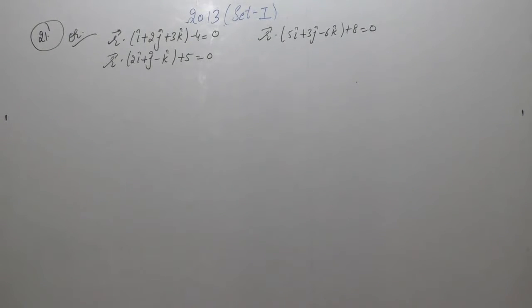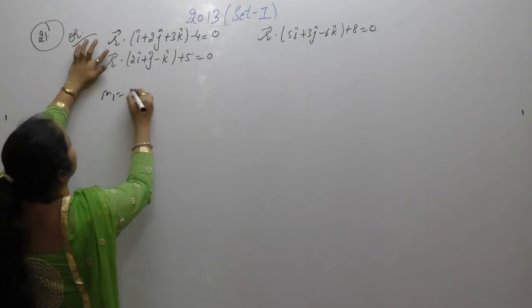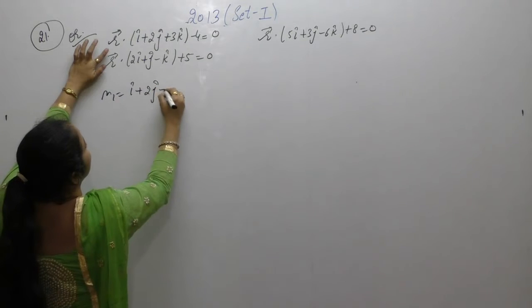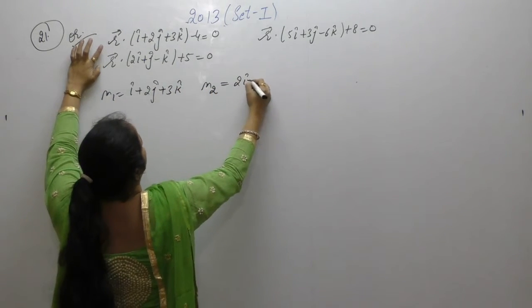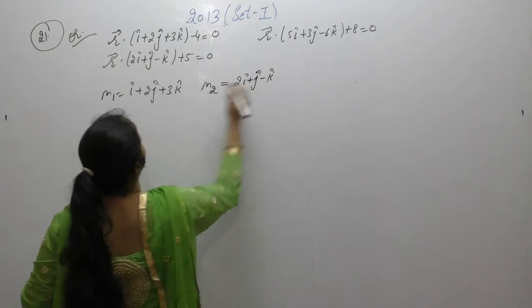The equations of the given planes are these. So n1 is i plus 2j plus 3k and n2 is 2i plus j minus k.